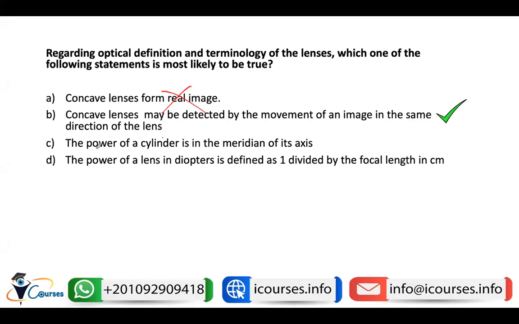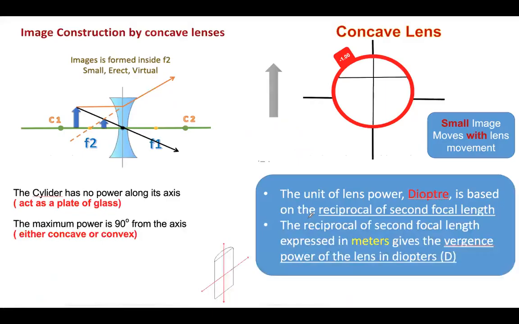As we mentioned before, the power of the cylindrical lens is perpendicular to the meridian of the axis. We said before that the meridian of its axis has no power, and the perpendicular meridian will have the power of the cylinder. The power of a lens in diopters is defined as one divided by the focal length in meters, not in centimeters.